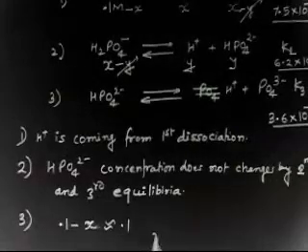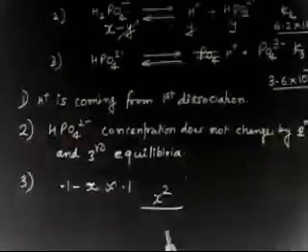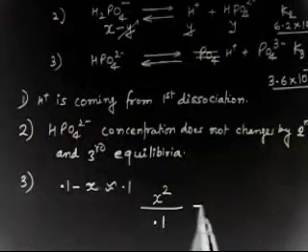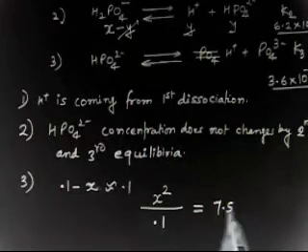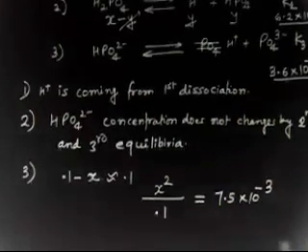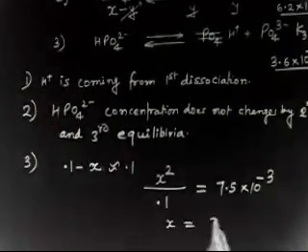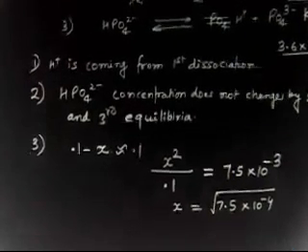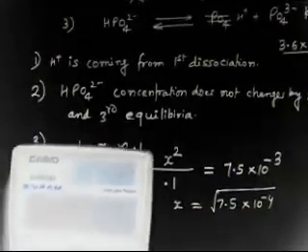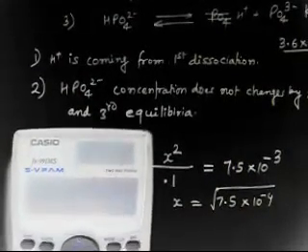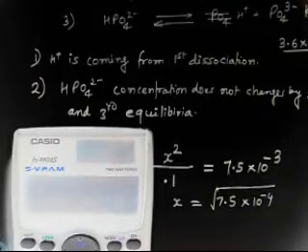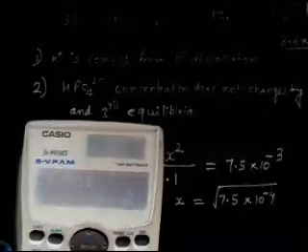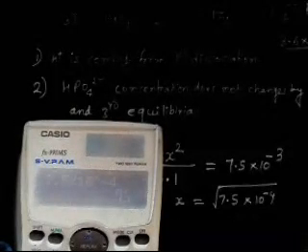If I apply these three assumptions, I can write for the first equation X squared divided by 0.1 minus X, that is basically 0.1. This equals K1, 7.5 into 10 to the power minus 3. So X squared is 7.5 into 10 to the power minus 4, and I have to take the root.